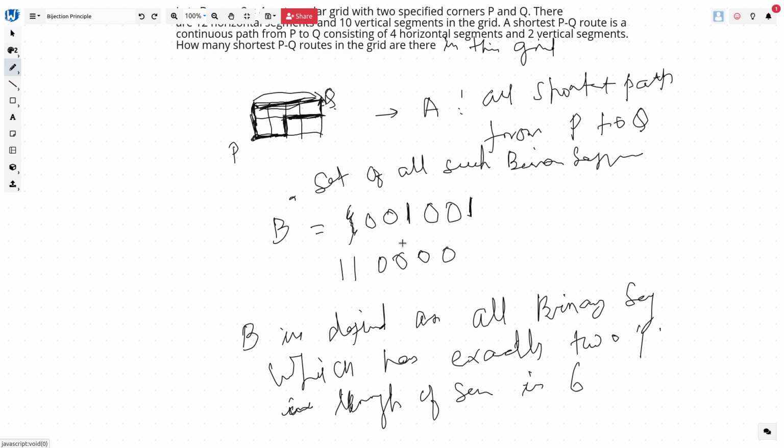So let's try to draw another one. Let's see, we move here 1, right?